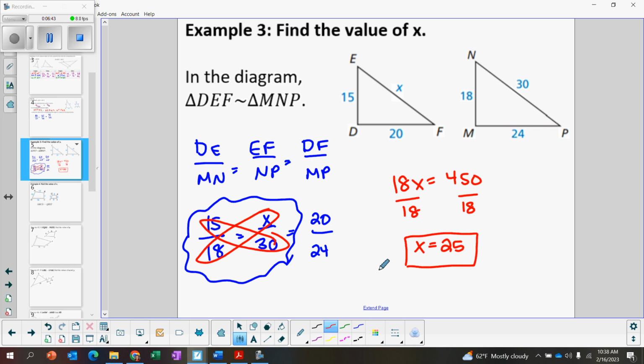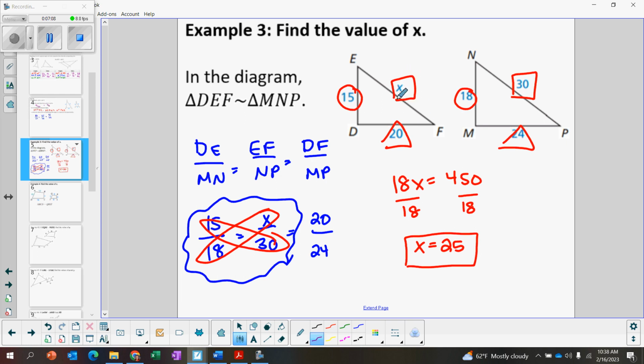Another way I might sometimes do this is I'm going to look at my shapes and I'll do the same thing I did here. DE matches with MN. So DE, I circle, MN, I circle. EF matches with NP. EF, side all square, NP, side all square. Then DF and NP, so I'll put those in triangles. And I know that I want to compare x with something.